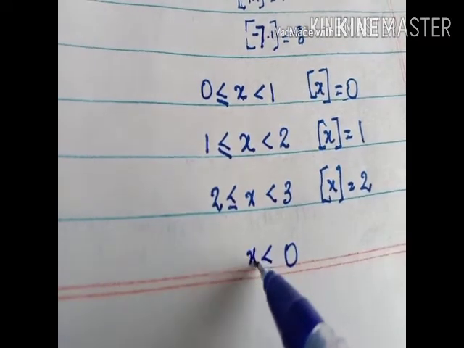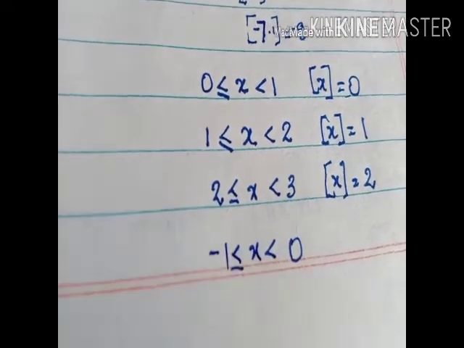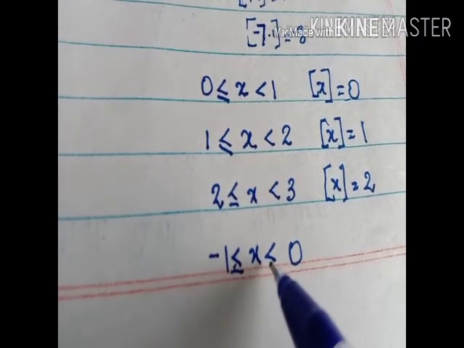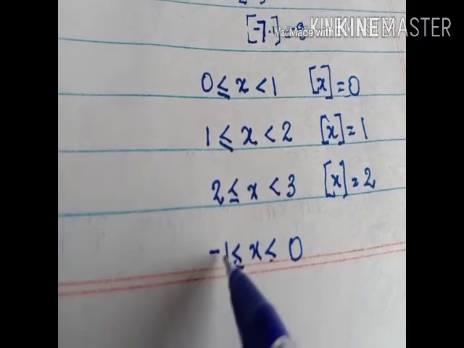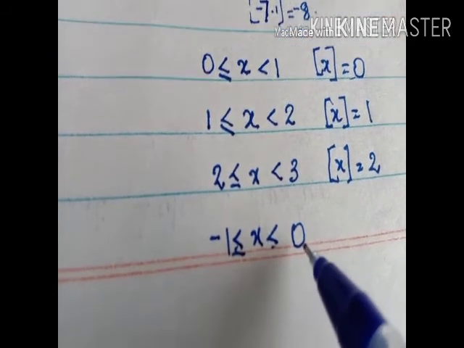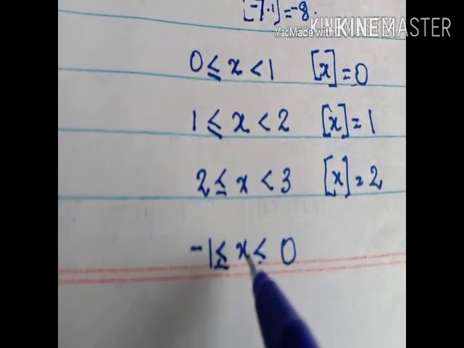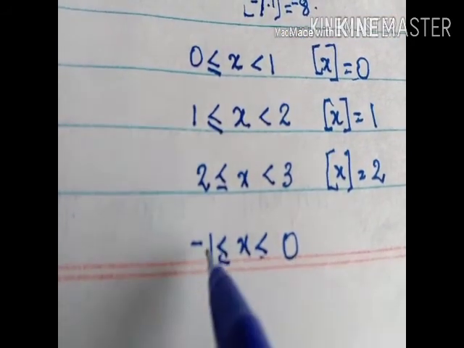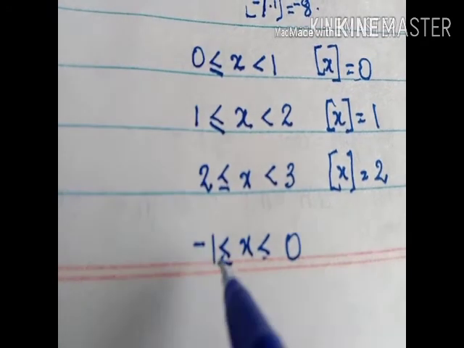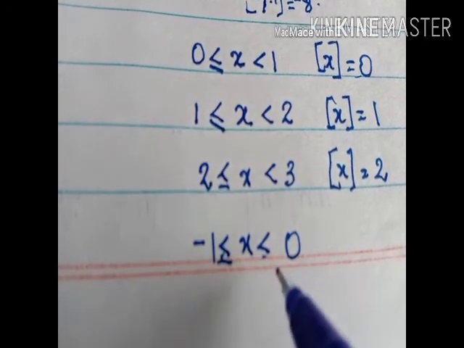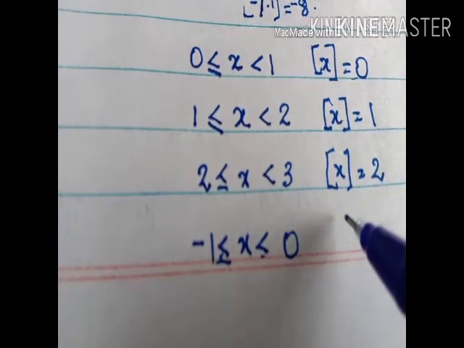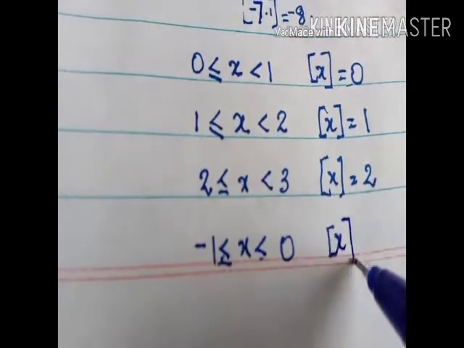If you take negative values, suppose -0.1, -0.2 and so on, just listen. Negative 1 less than or equal to x less than 0 means you consider the x value in between 0 and negative 1, which means negative 0 point something. In this case, what is the greatest integer function?